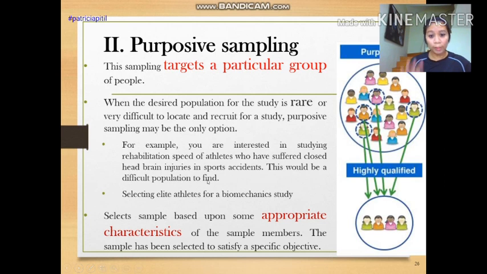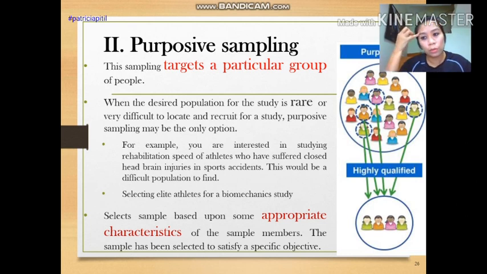The example will be if you are interested to study the rehabilitation speed of athletes who have suffered closed head injury. This will be a difficult population to find, somewhat like clinical subjects. So you have to select orang yang pernah injured kan, takkan you menginjuredkan orang tu empat kepala dia kan, tidak. So this is called purposive sampling.